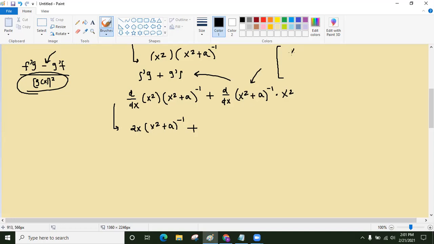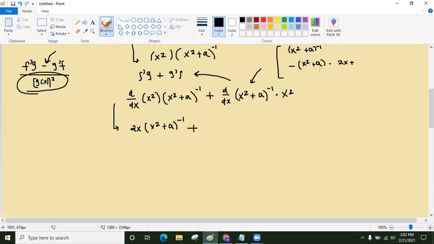So essentially we're tasked with taking the derivative of x squared plus a to the negative first power, which would then of course be negative x squared plus a multiplied by the inside here. So this is just an application of the chain rule. We take the derivative of the inside, which is 2x, and we have the derivative of a.